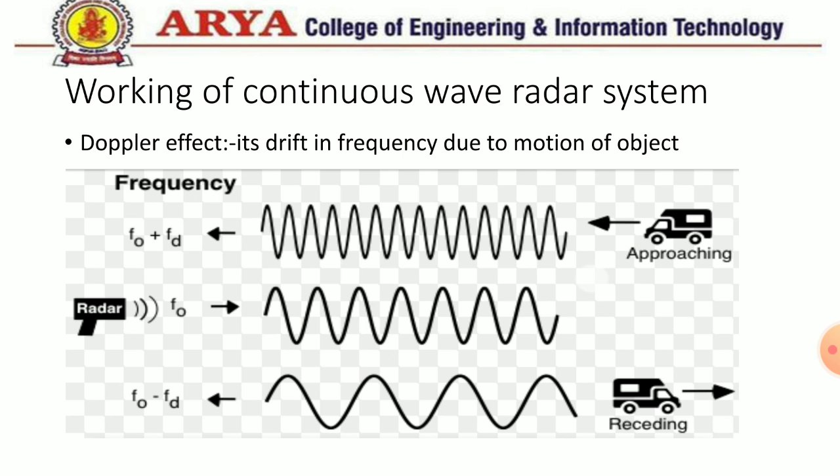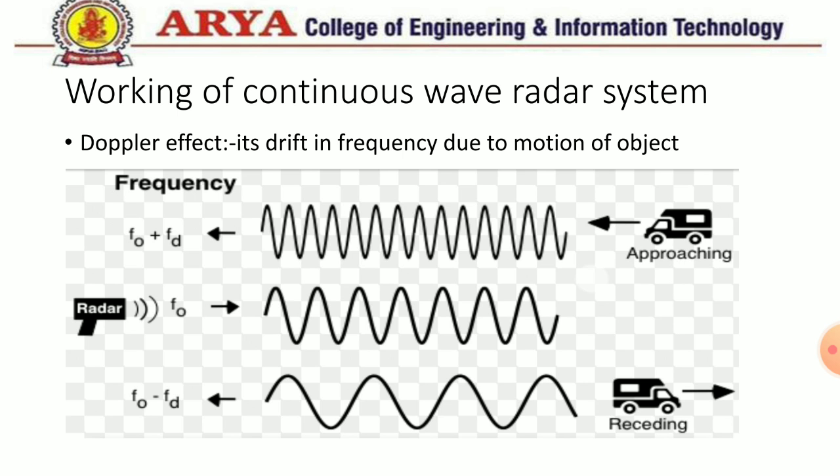Now, to understand its working, we are sending a frequency signal towards the target. If the target is moving with velocity v towards the Doppler radar, the reflected signal will be with frequency f node plus fd, and that increase in frequency is due to the velocity of the target towards the radar system.